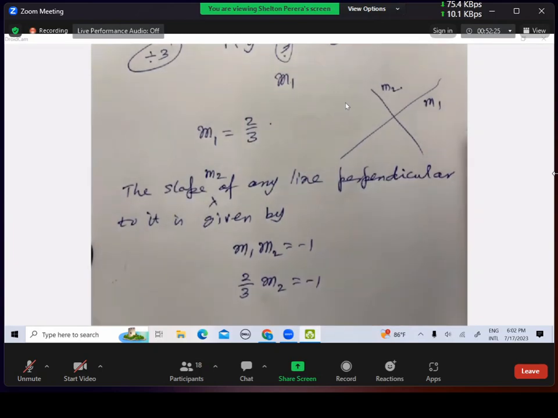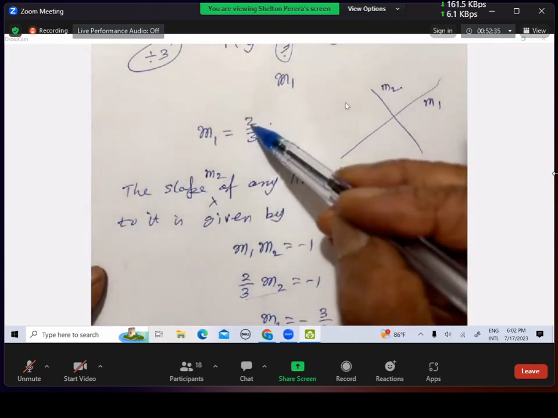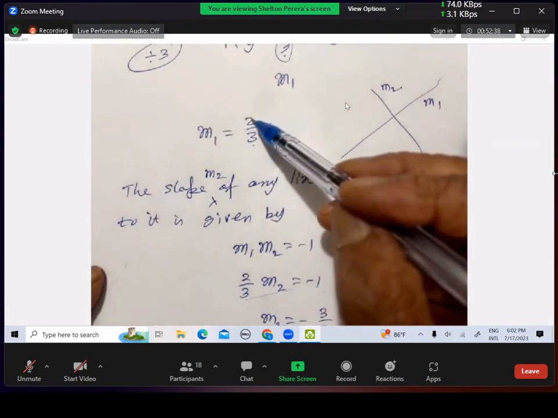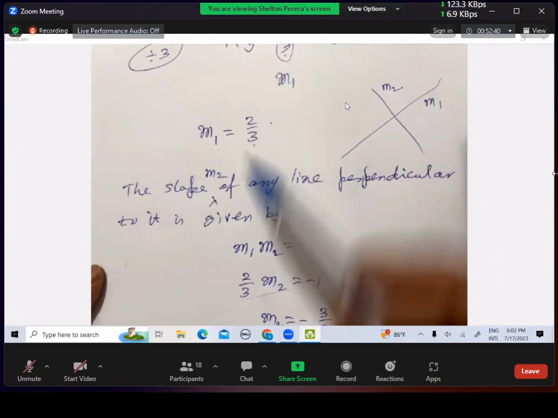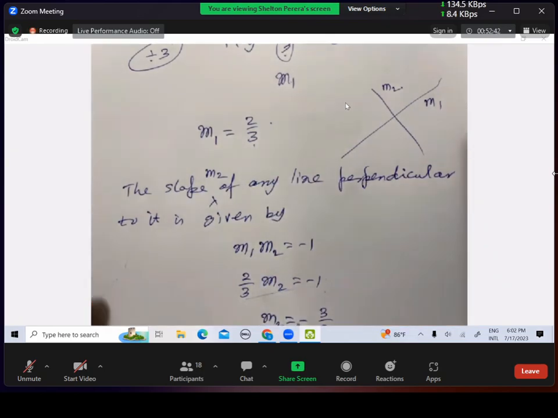So m2 is equal to -1, cross multiply, put 3 there, divided by 2. So m2 is equal to negative 3 over 2. Negative reciprocal of this, negative 3 over 2. Negative upside down is what you get.